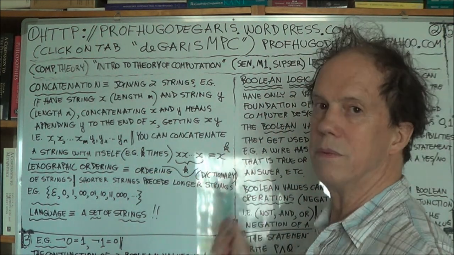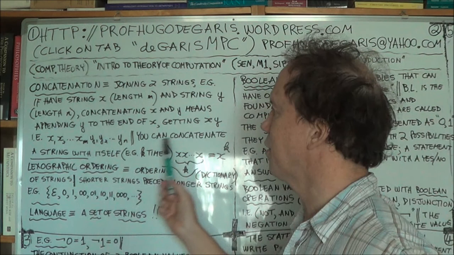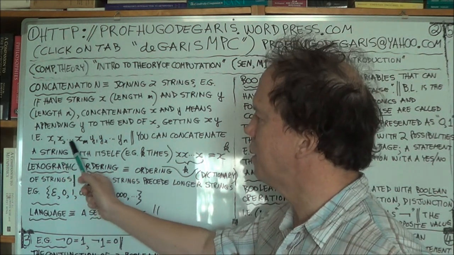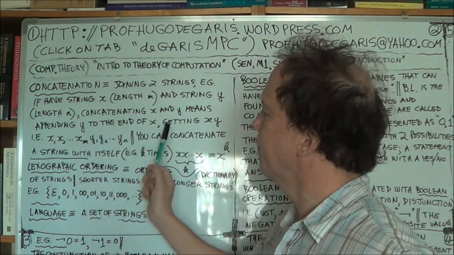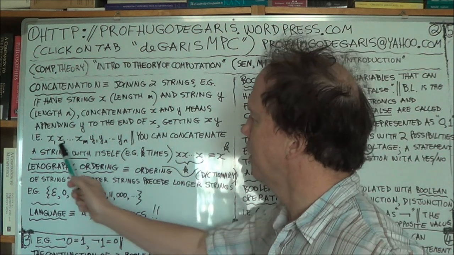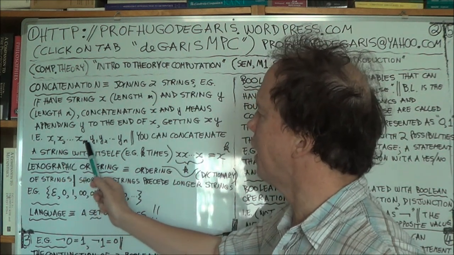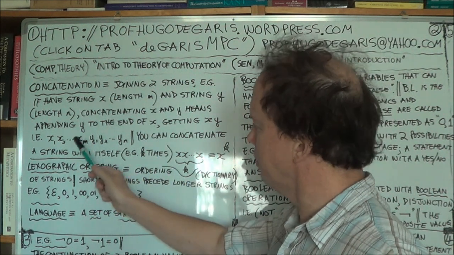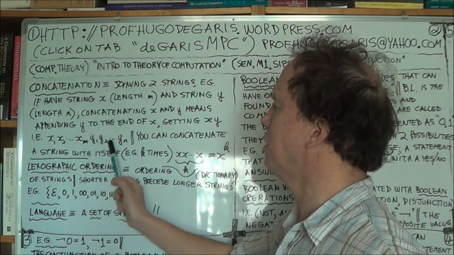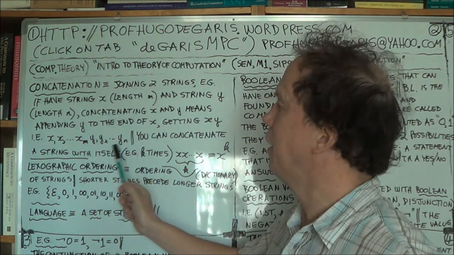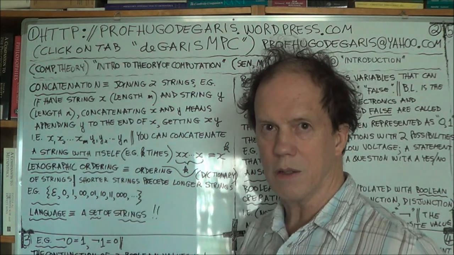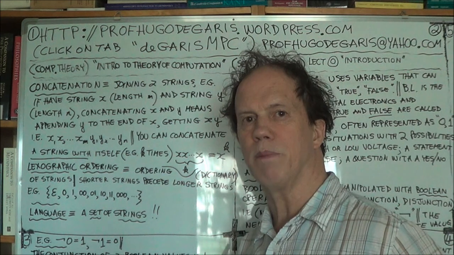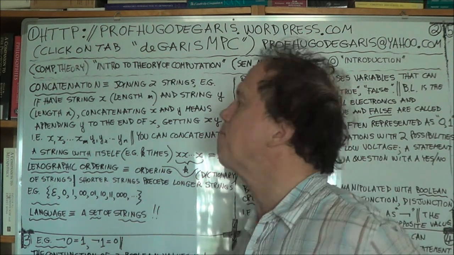That's how you write a concatenated string. And if you look at it in terms of its individual symbols, you'll have x1, x2, up to xm, because it's length m, followed immediately by y1, y2, up to yn. So the total length of the string, common sense, is just m plus n.